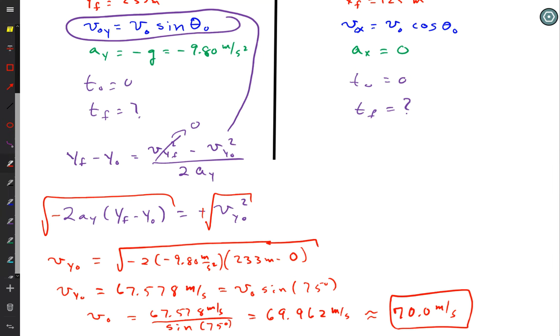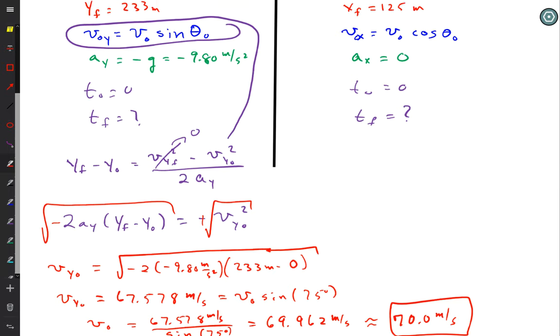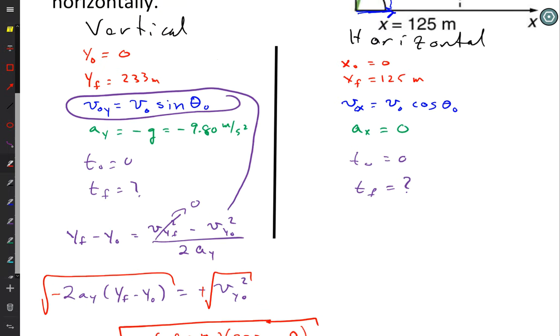and I can use either side now to calculate the time. Which side do I want to use? It really doesn't matter. I kind of feel like the horizontal side has been left out, so I'm going to use it. But I could have done the vertical side just as easily.